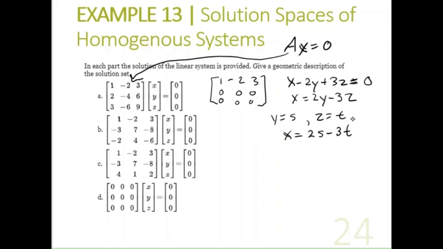So this would be your solution to this linear system in terms of its parametric equations. The other thing is you would know that this would be a plane through the origin. And don't forget that you also know how to find the normal. This would have a normal of taking the coefficients, 1, -2, 3. So now you're kind of bringing it all together.